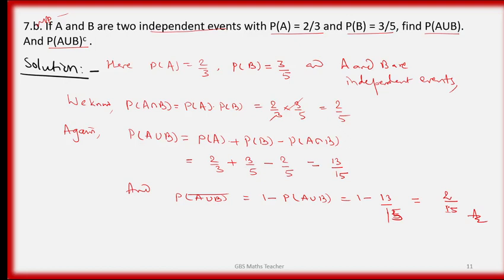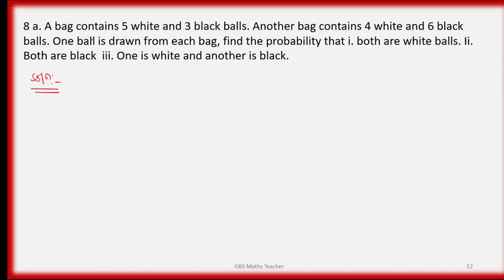Now we are at question number 8. A bag contains 5 white and 3 black balls. Another bag contains 4 white and 6 black balls. One ball is drawn from each bag. Find the probability that both are white balls, both are black balls, and one white and another black.